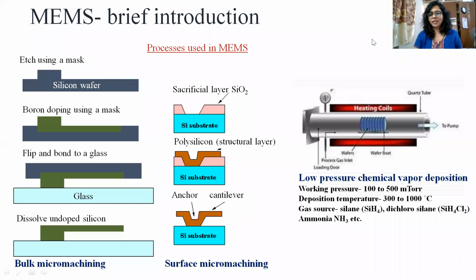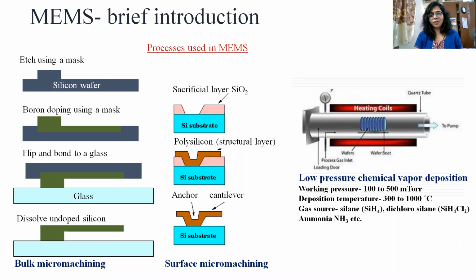In this process, a low pressure of say 100 to 500 millitorr is used. The source gases are silane, dichlorosilane and ammonia, according to the end product, and the deposition temperature varies from 300 to 1000 degrees Celsius.